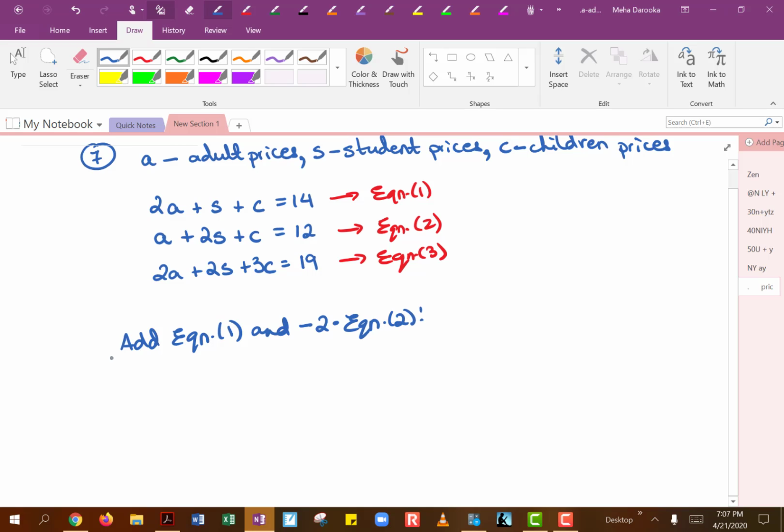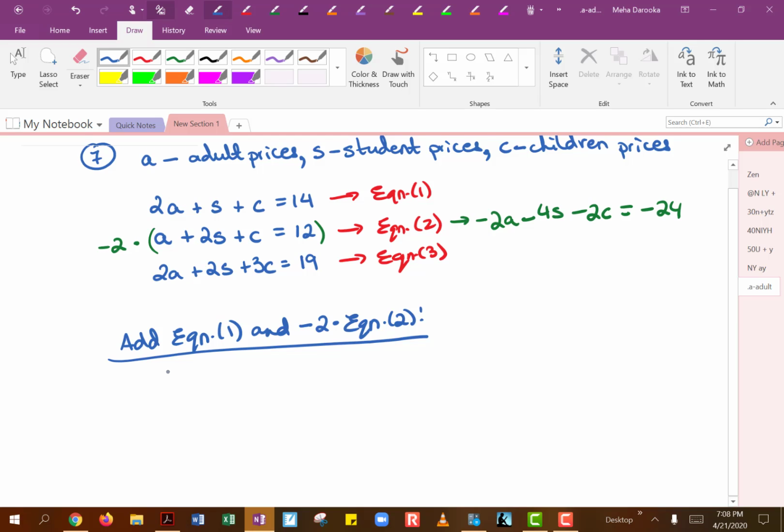So when we multiply our second equation by negative 2, we will end up getting negative 2a, negative 4s, negative 2c equals negative 24.